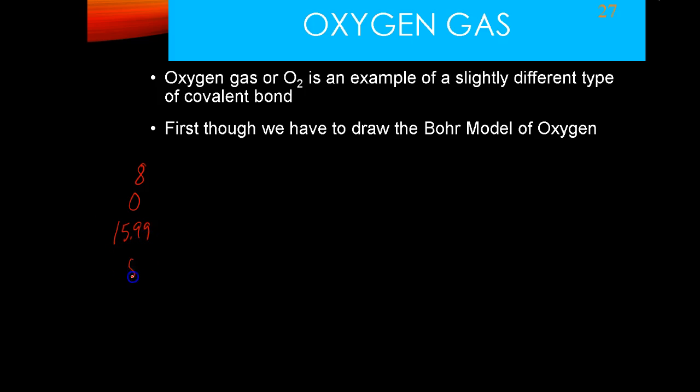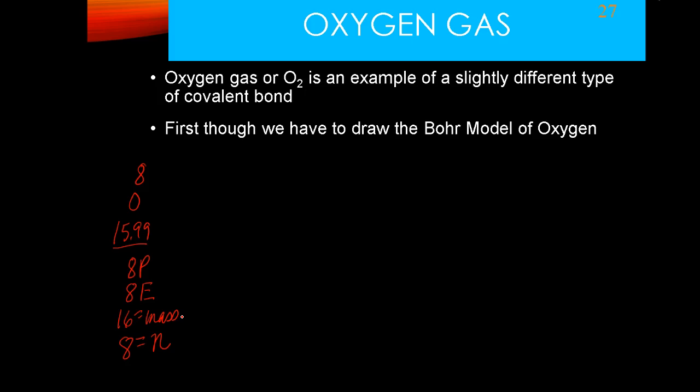So we know that this atom has 8 protons, 8 electrons. If we round this to the nearest whole number, that's going to make a mass of 16. We can calculate the number of neutrons by taking the mass number minus the proton number, so the number of neutrons is equal to 8.